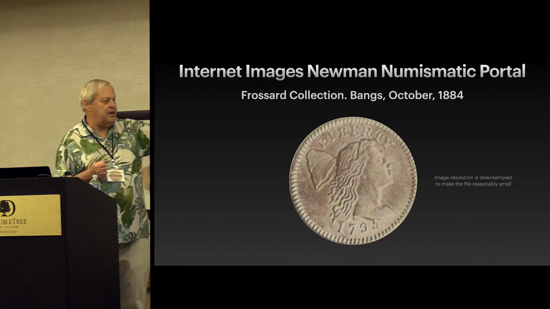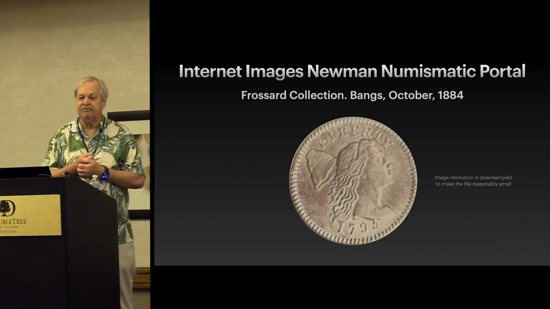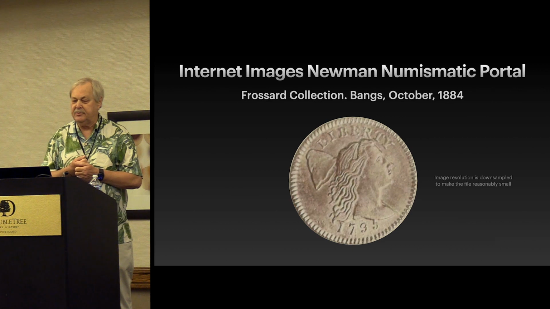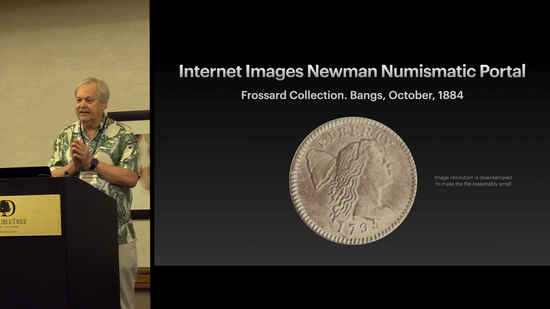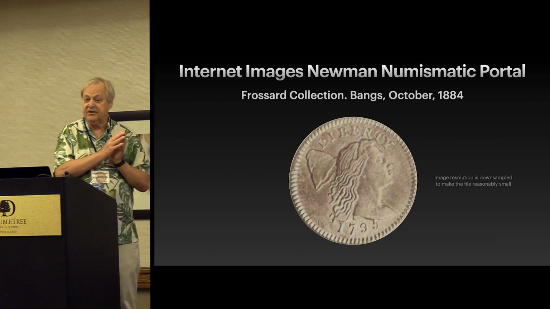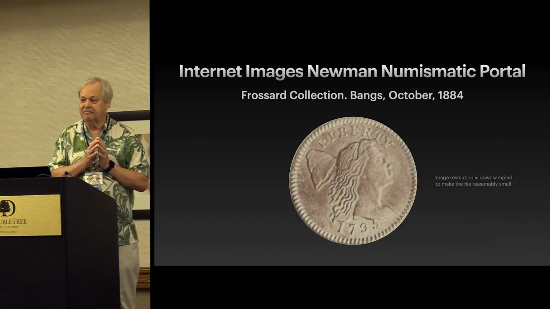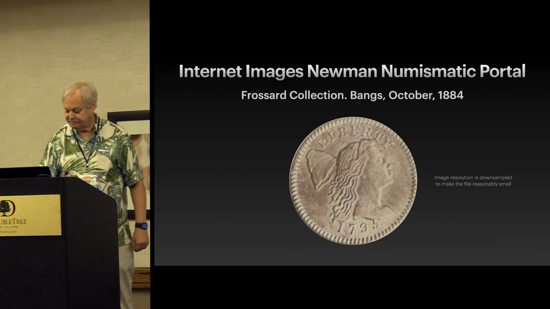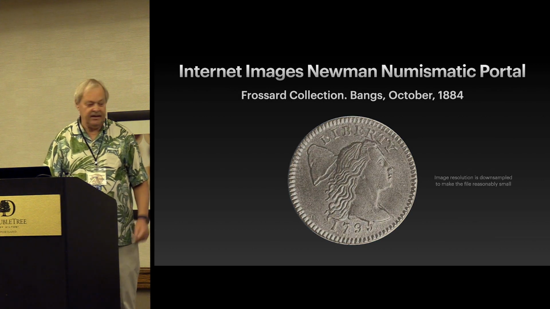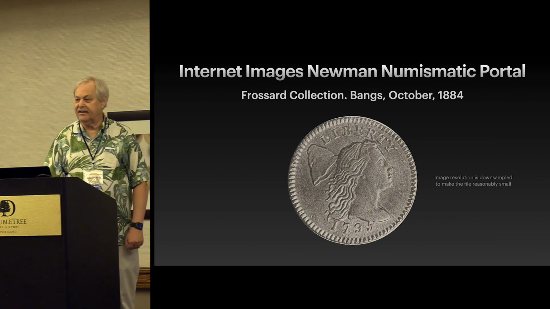So they have to downsample, make things not as sharp. So if you're doing research on the Newman Numismatic Portal, keep in mind that the old catalogs that they have, the images are degraded, okay? And they had to be. Again, that's what it looked like.